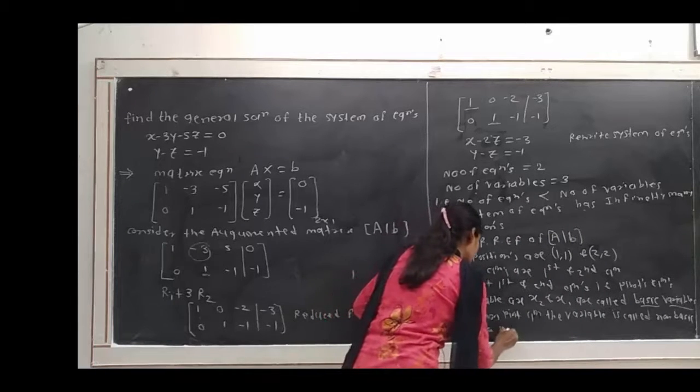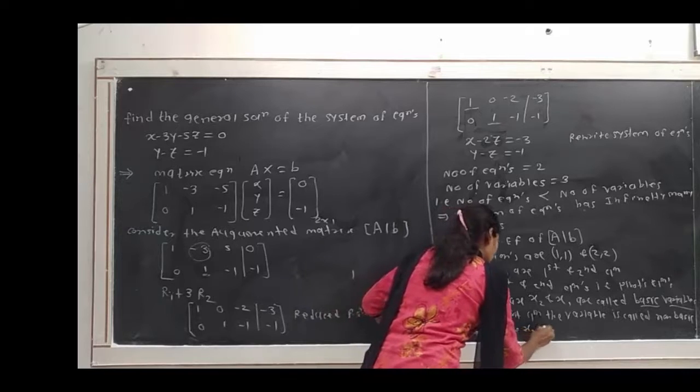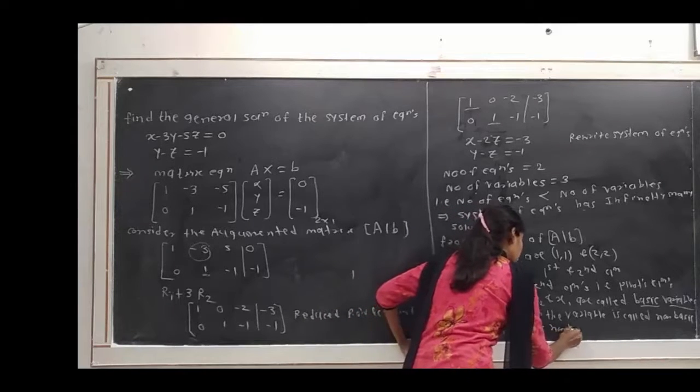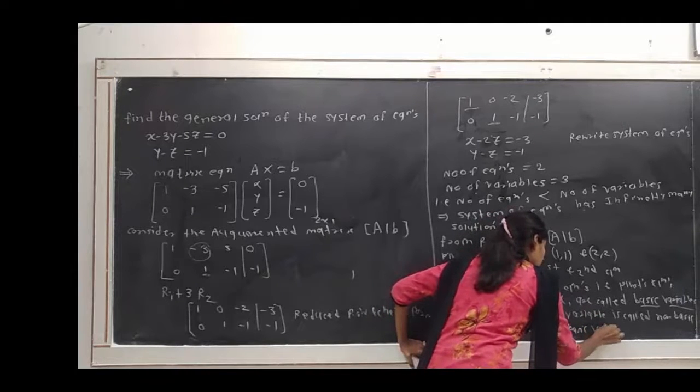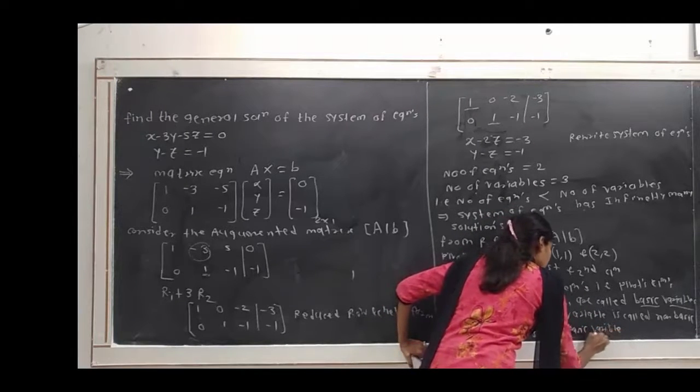So here x3 is the non-basic variable for this given system.